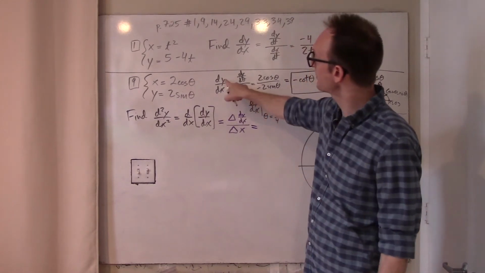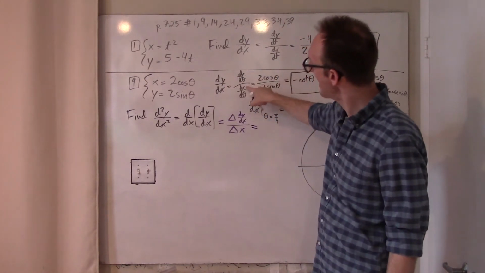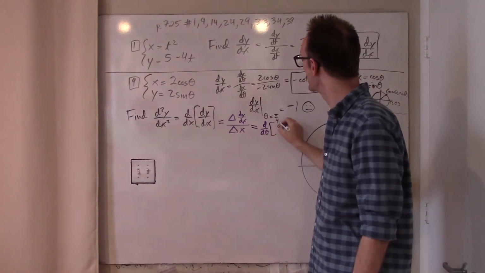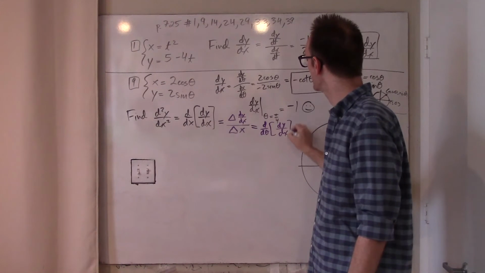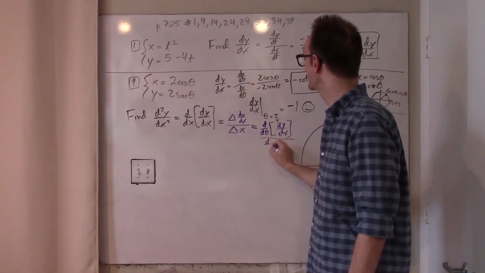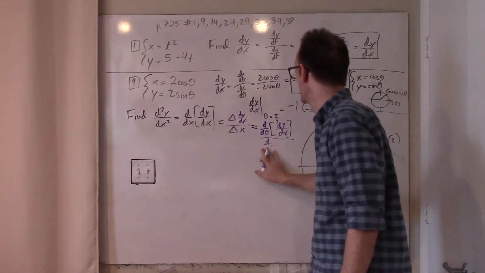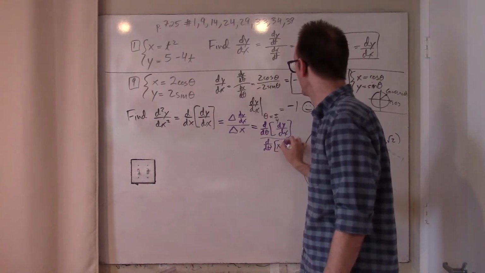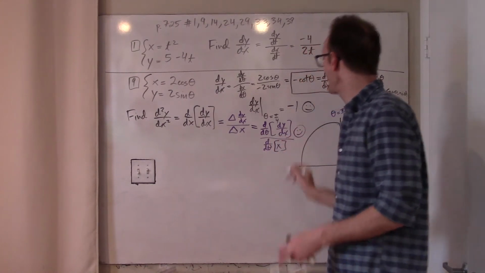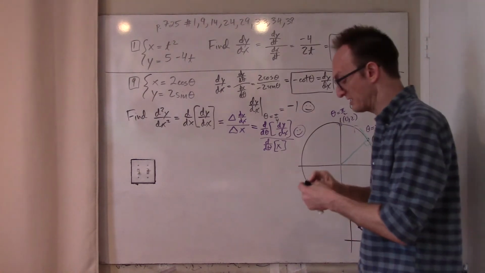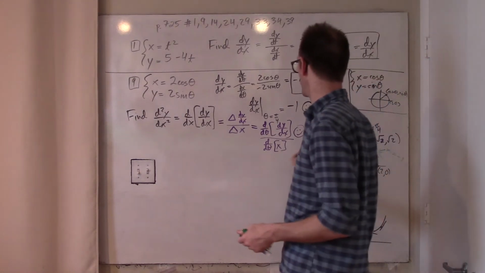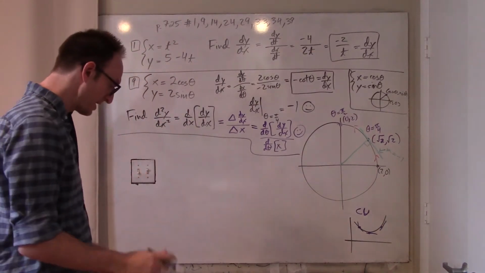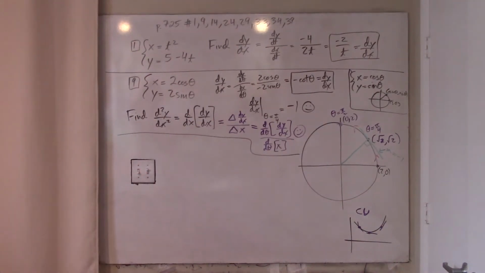Just like we had to differentiate y with respect to theta and x with respect to theta, here we have to differentiate dy dx with respect to theta, and we have to differentiate x with respect to theta. Okay, so if you totally get that, good. If you don't get this, this is a complete repeat of what I did in class, but anyway, I'll just do it again.